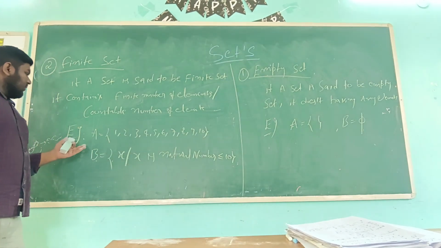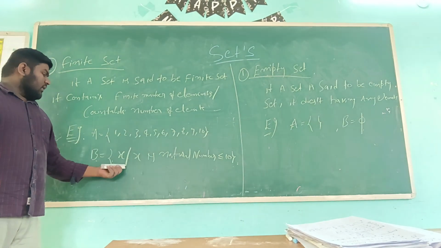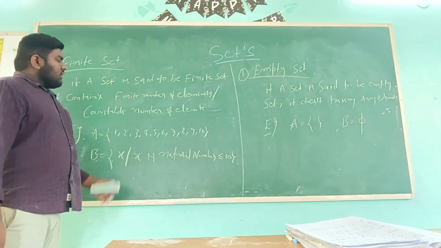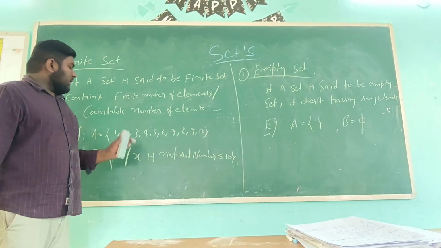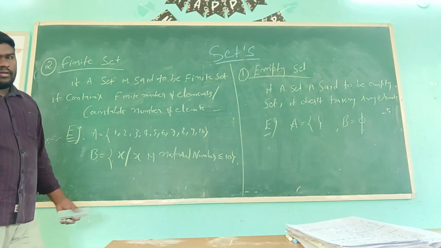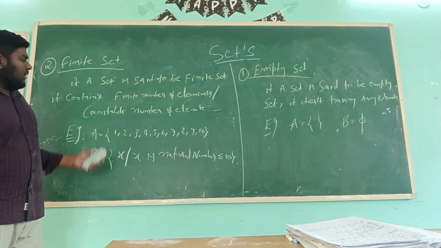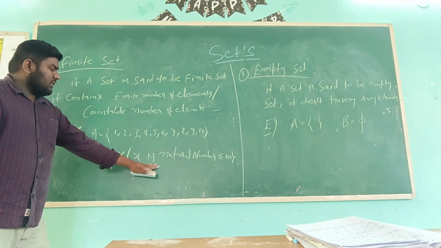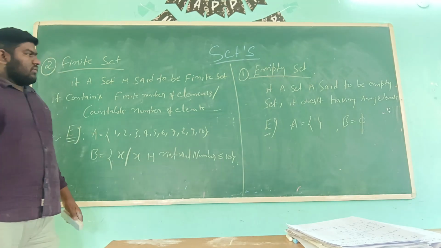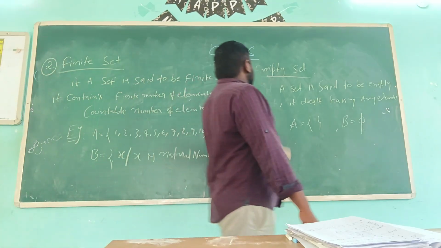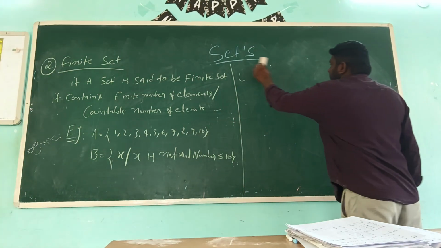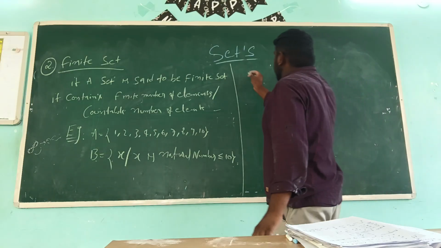The example is 1, 2, 3, 10, x such that x is a natural number less than or equal to 10. A few more examples: even numbers less than 10, odd numbers less than 10. This type of condition is called the set builder form. Then the third type we will discuss here.